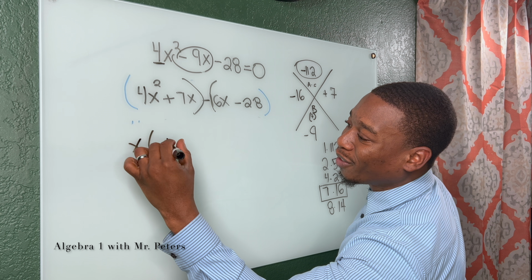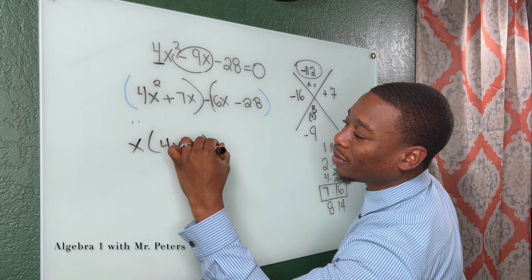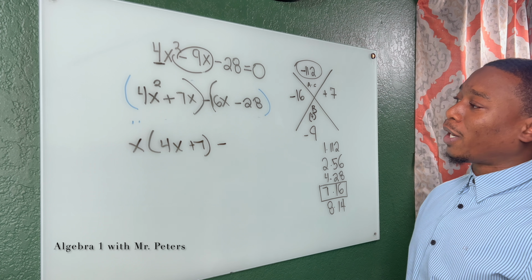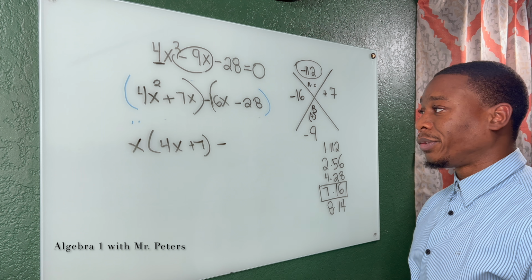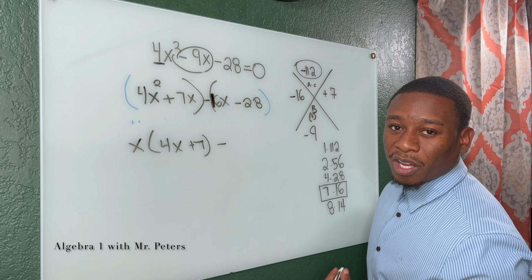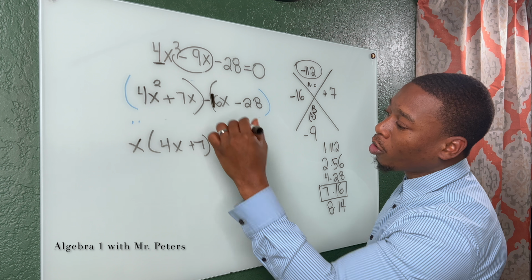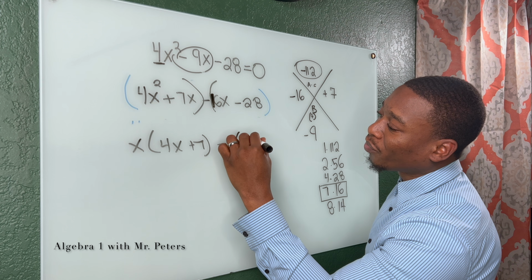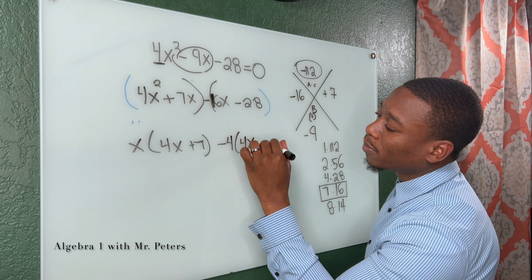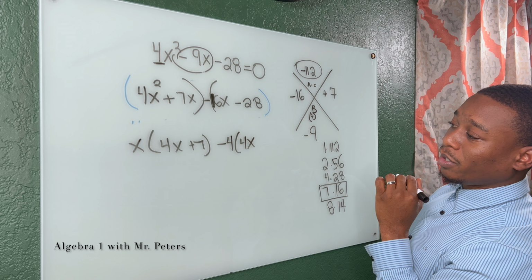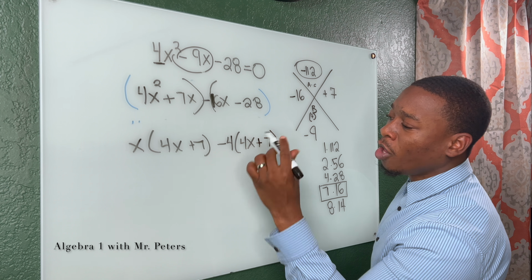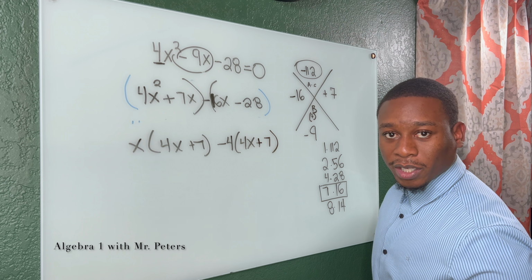What's left inside? 4x plus 7. We go over here, negative what? Let's say we took out a 4. So if I took out 4, what's left inside is 4x plus 7. Just had to make sure that when we multiply back, we get the same signs.